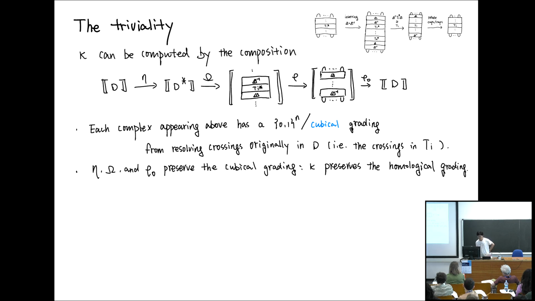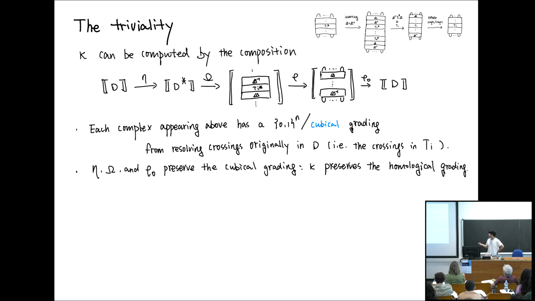Eta, omega, and rho 0 all preserve the cubical grading because they're kind of just doing nothing. The problem is our map rho, the most complicated one, does not preserve this cubical grading.